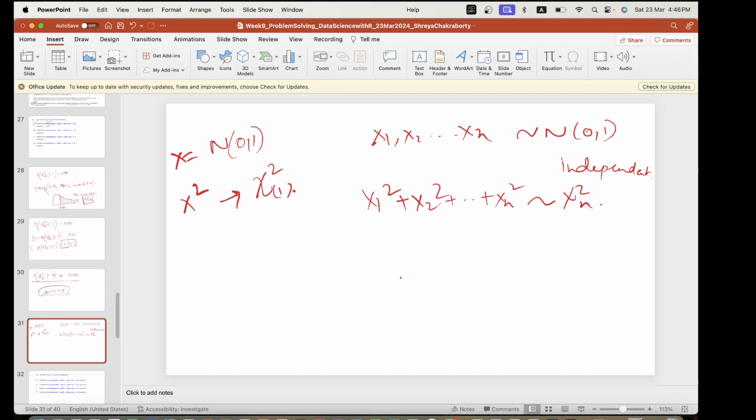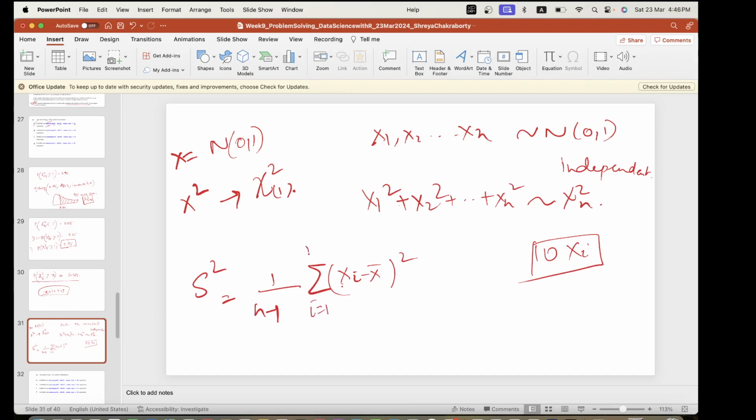But if you have sample variance, calculated as 1 by n minus 1 summation of xi minus x bar whole square, here I am making i equal to 1 to n, so I am adding up n such xi minus x bar terms, and the xi's are all normally distributed.